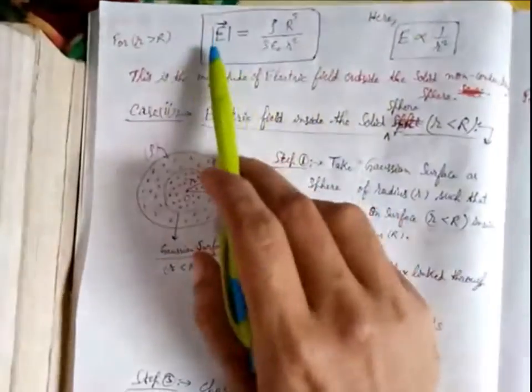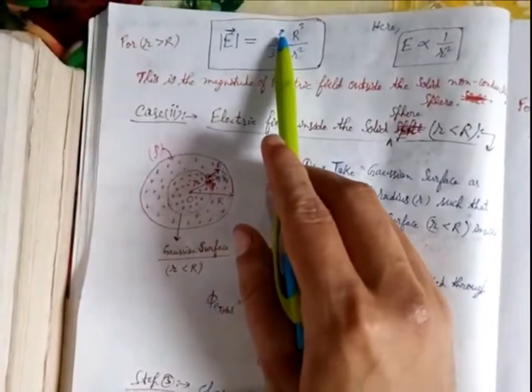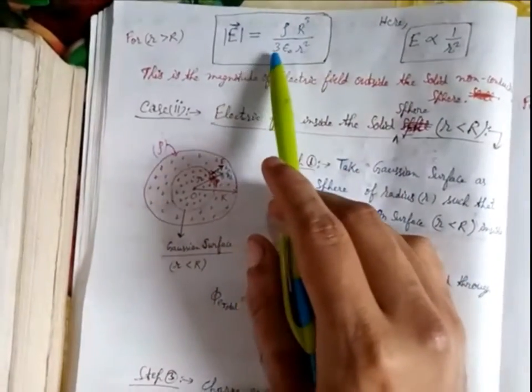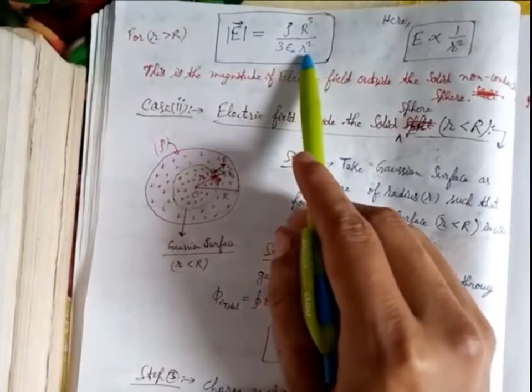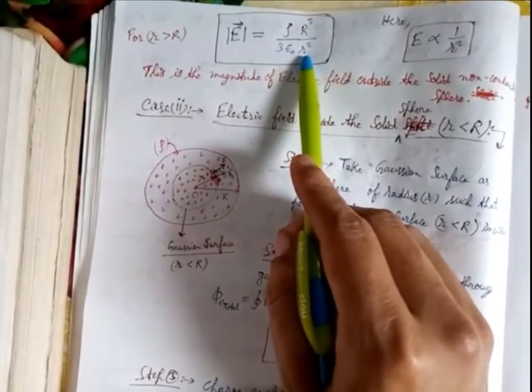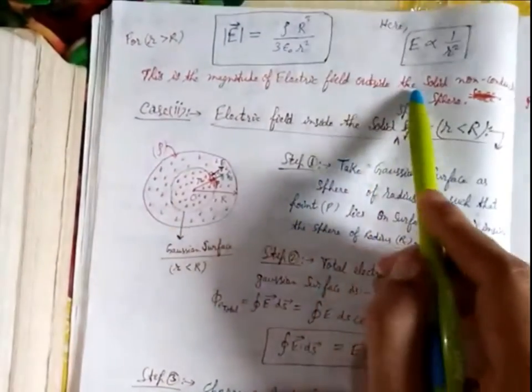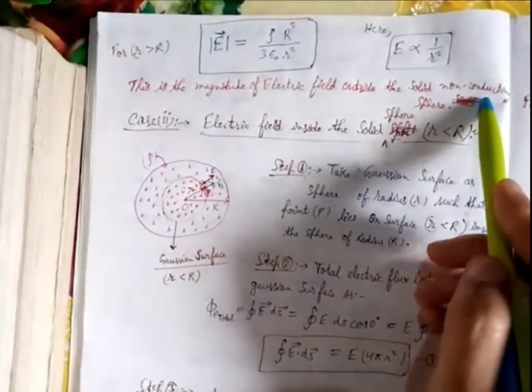Now the electric field we are getting is rho into R cube divided by 3 epsilon naught r square. This is the magnitude of the electric field outside the solid non-conducting sphere.